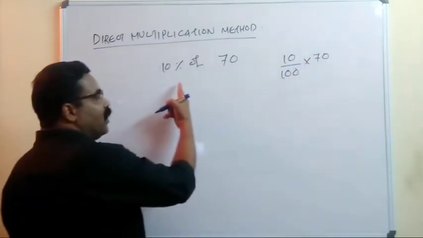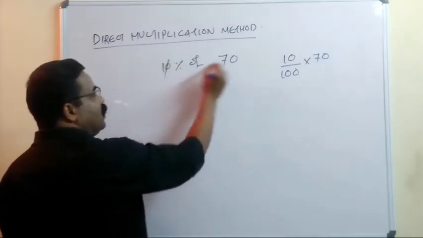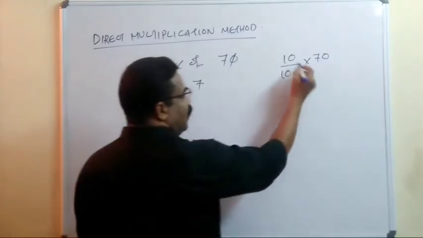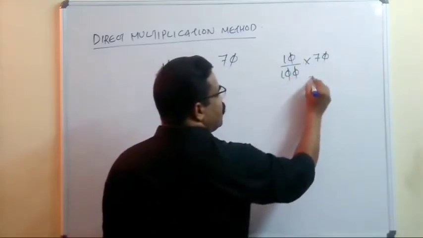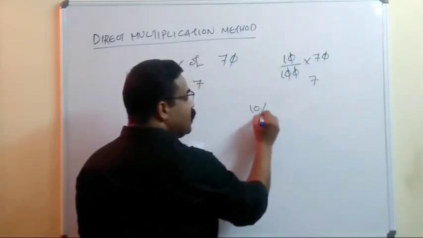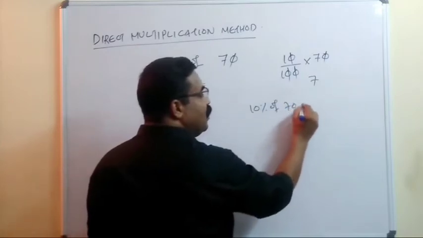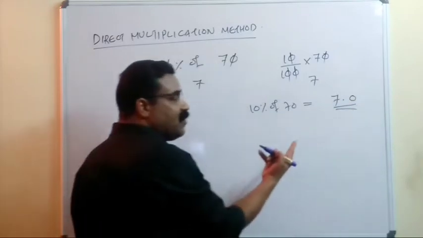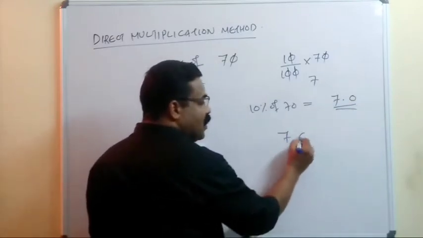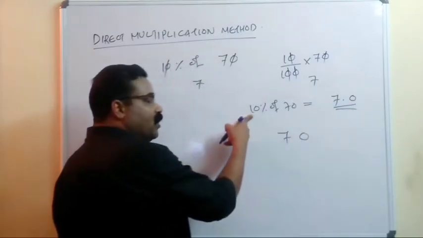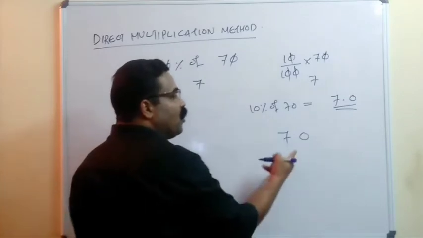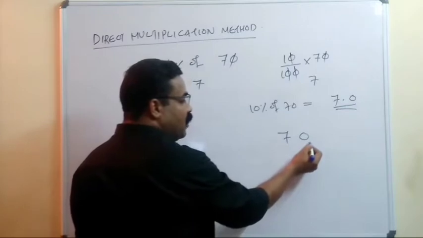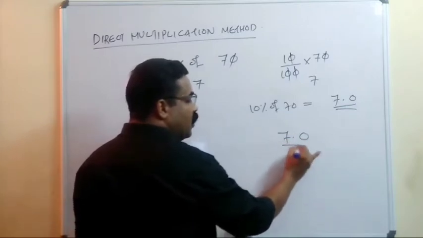This 0 and this 0 you can cut and you get 7. So 10% of 70, you got the answer 7, which means 7.0. The number was 70. Whenever you want to find 10%, actually you are dividing the number by 10. When you divide by 10, from the right you can put a point here, so you'll get the answer.